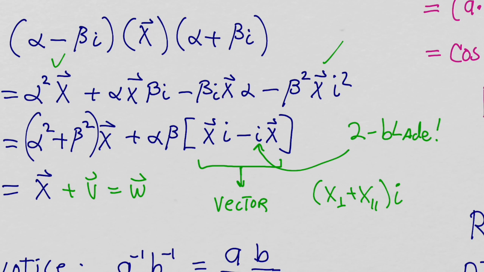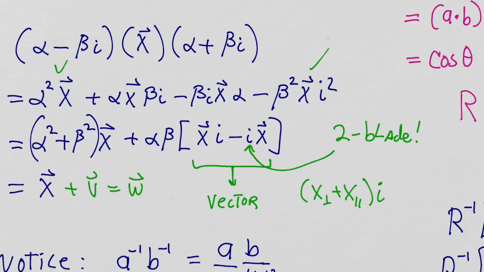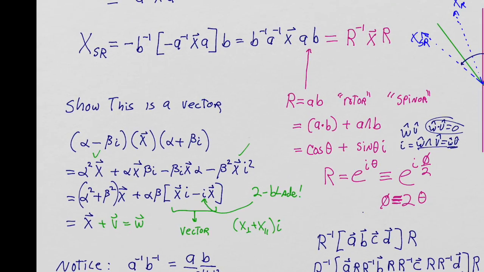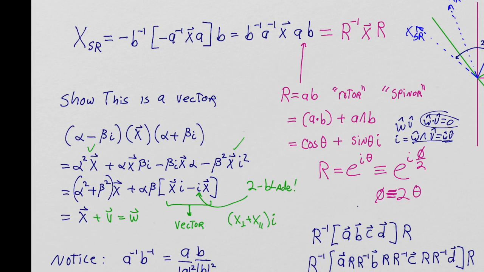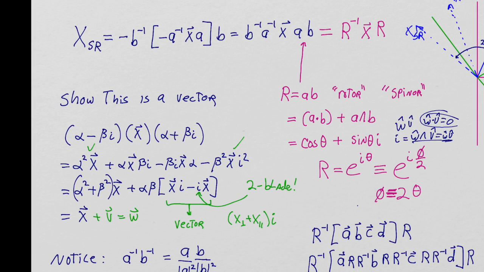Well, the vector part we don't care about because the vector part is what we're trying to show. We're trying to show that it has a vector part. But we do need to show that the trivector part goes away. And that brings up a bit of a subtlety which I did not point out earlier, so I'm going to have to go back and point it out now.